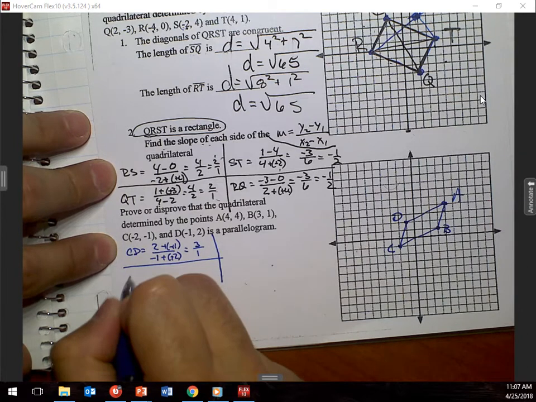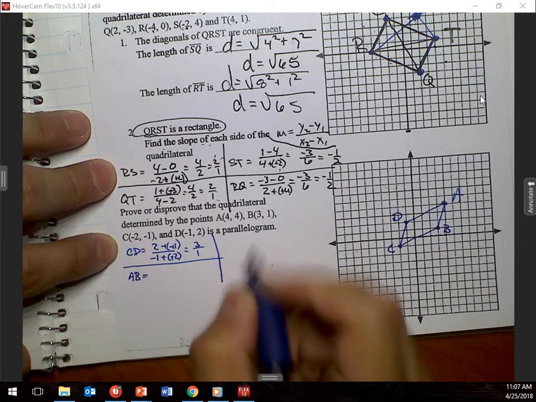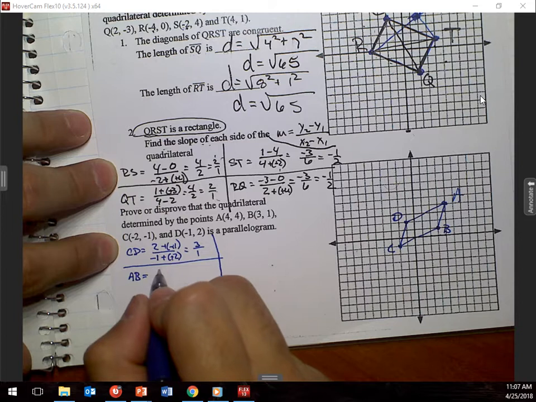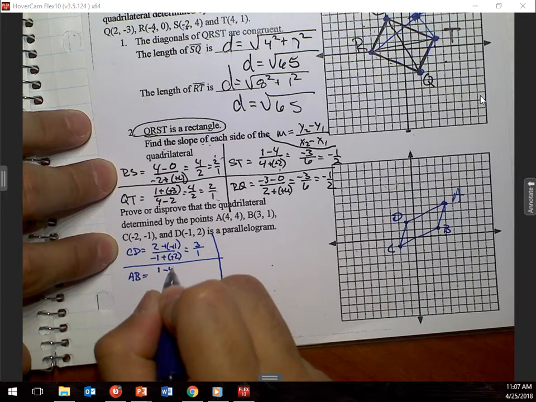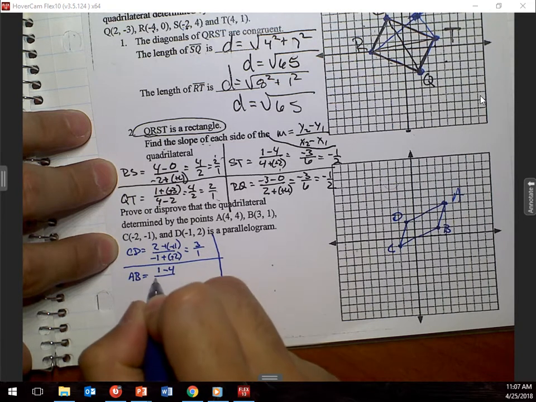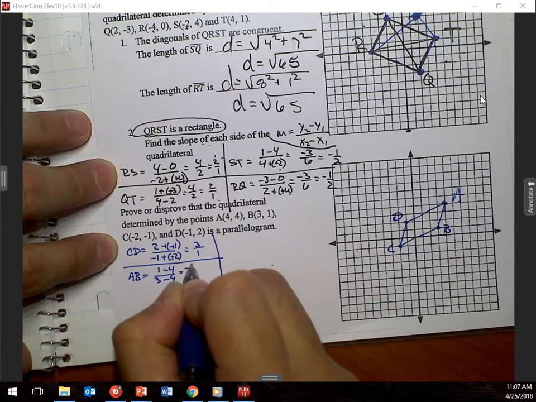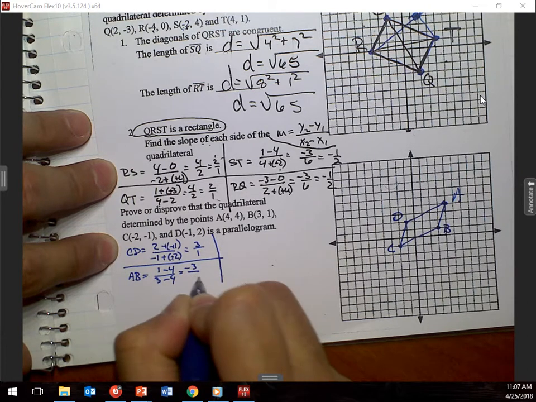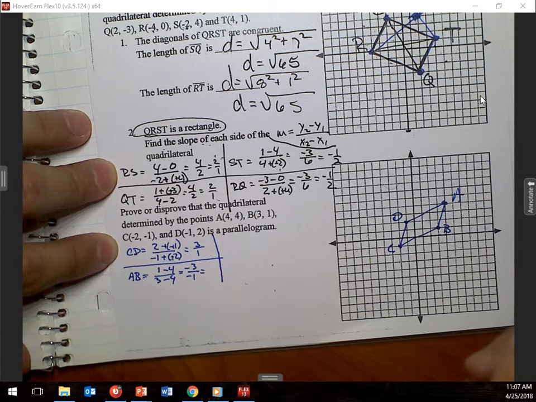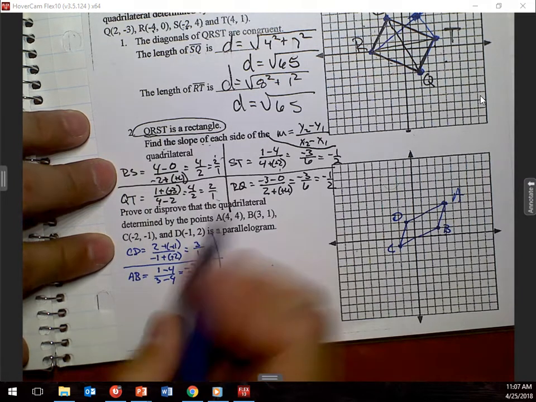AB. So B is my second one. So it should be 1 minus 4 over 3 minus 4. So it's going to give me -3 over -1. So two negatives make a positive. 3 over 1. Very good. So now these two right here tell me what? They're going to be parallel. Very good. Those two are parallel.